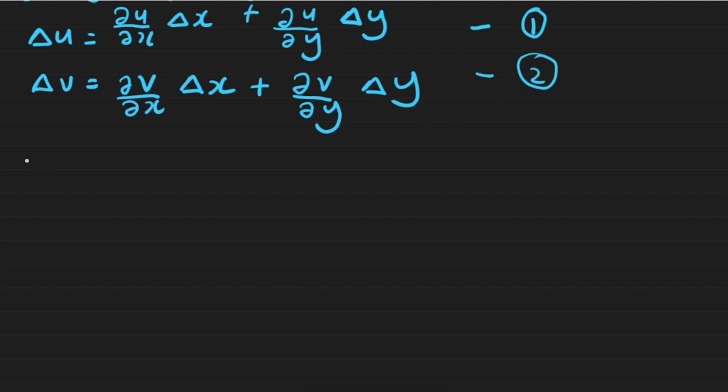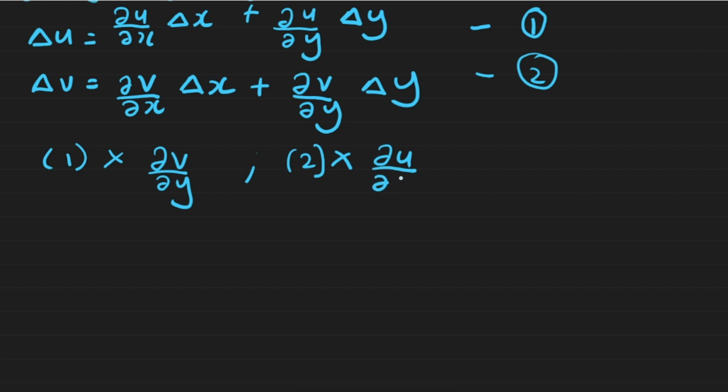What we're going to do is take equation 1 and multiply it by ∂v/∂y, and take equation 2 and multiply it by ∂u/∂y.